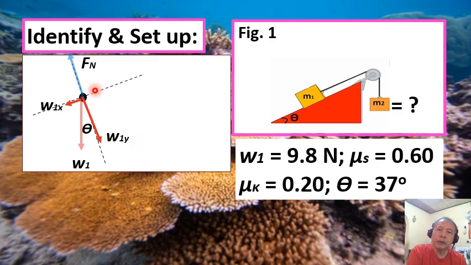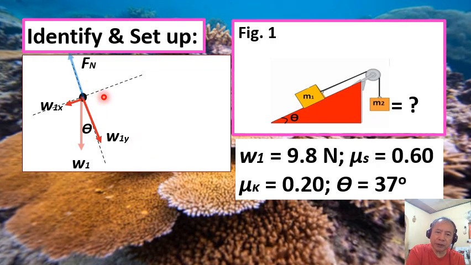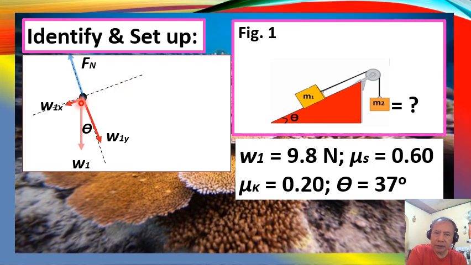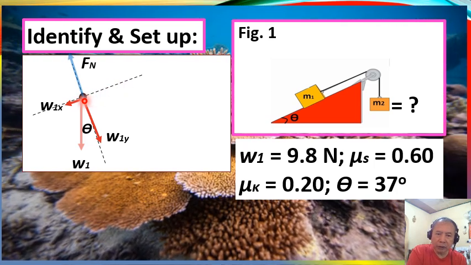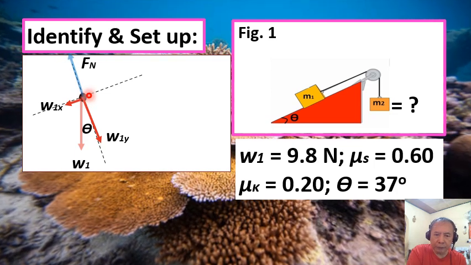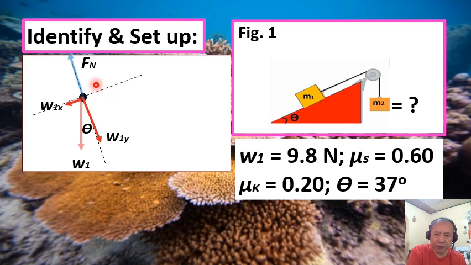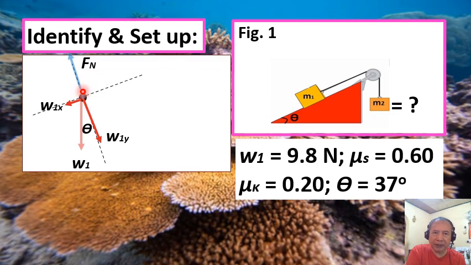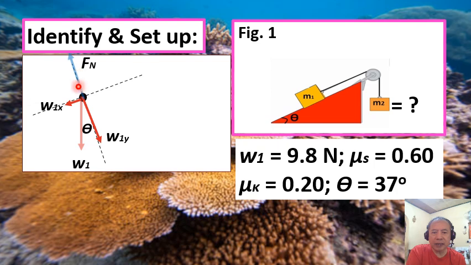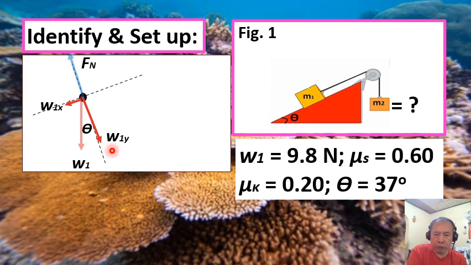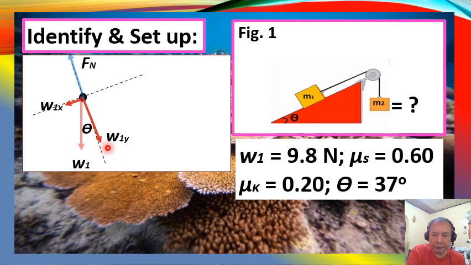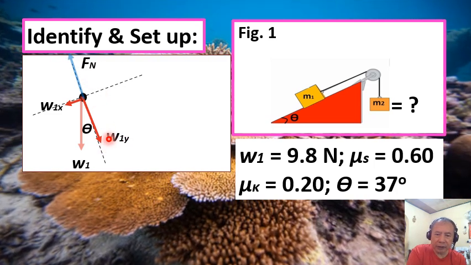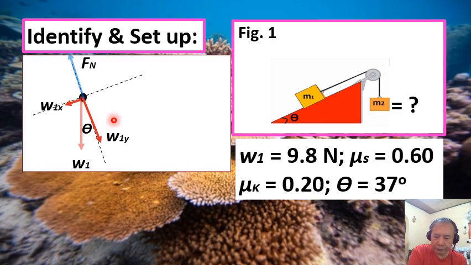Also, we have the force exerted by the surface of the incline on block m1. We label this as the normal force, F sub n, and it is directed into the positive y-axis, exactly opposite to the y component of W1. In fact, these two forces have equal magnitudes.